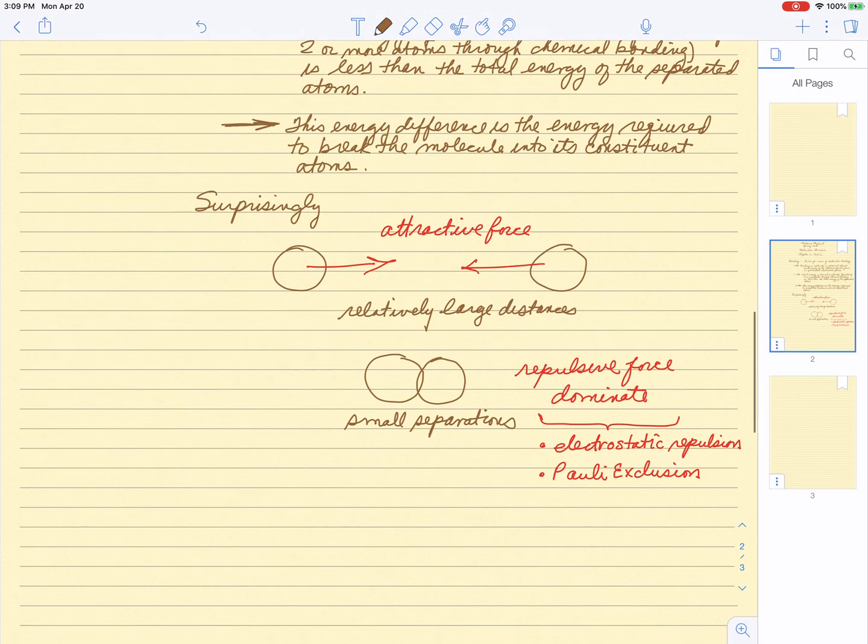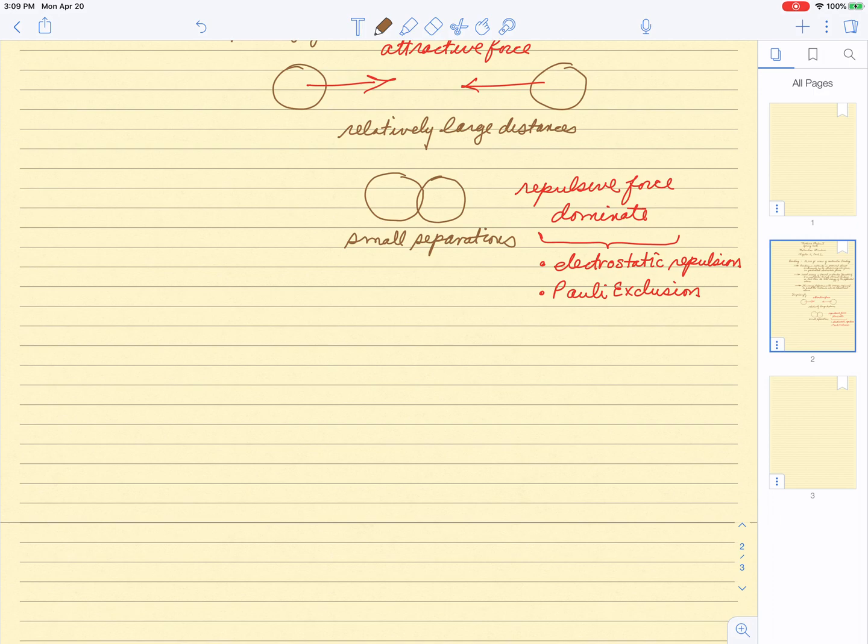So let's look at some of the quantitative aspects of bonding. In general, the potential energy as a function of distance between, in this case, let's just look at two atoms, can be written generically as negative A over R to the N plus B over R to the M, where N and M are integers.